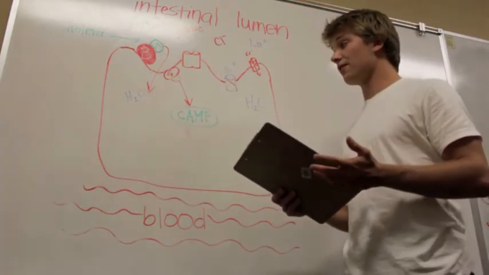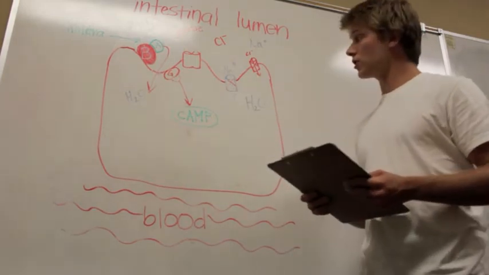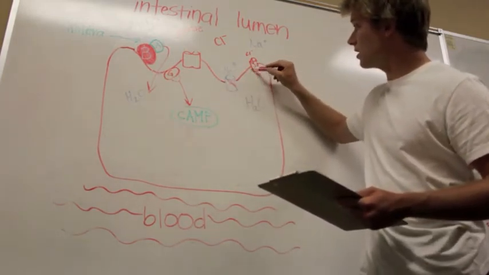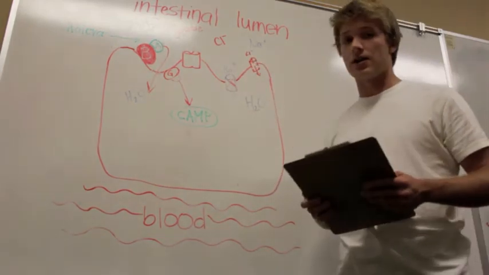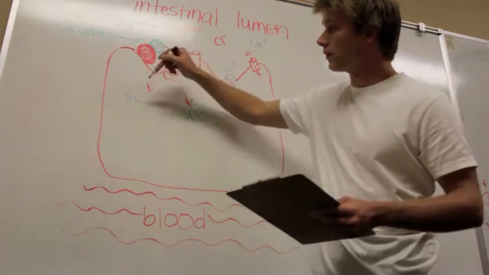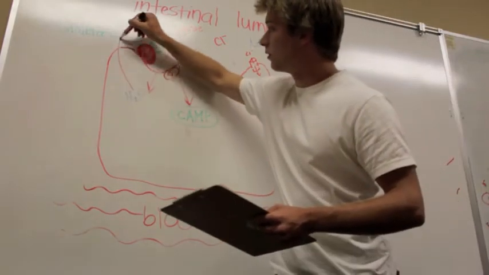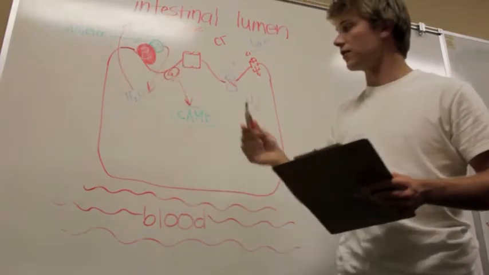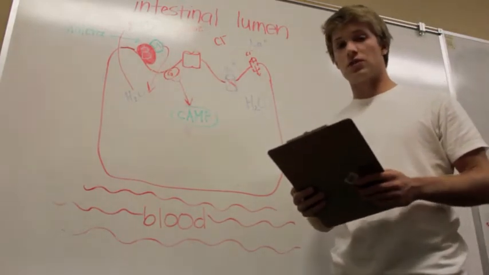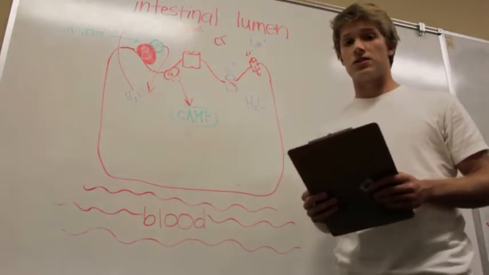If there are excess levels of cAMP, essentially what happens is these ion channels are blocked, and key salts such as Na+ and Cl- can't get into the cell. This causes an influx of water from the intestinal cell out into the lumen. This results in the symptoms of diarrhea and vomiting that we see in patients with cholera.